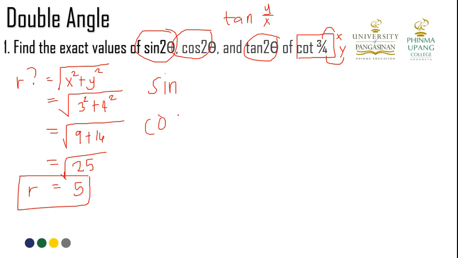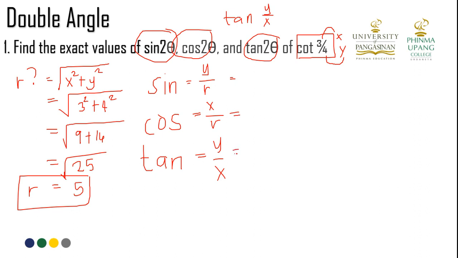Sulat ko yung sine, cos, and the tangent. The sine is, kung babalikan natin yung previous lesson natin about the 6 trigonometric functions, y all over r. Cosine has a formula of x all over r. Tangent is y all over x.